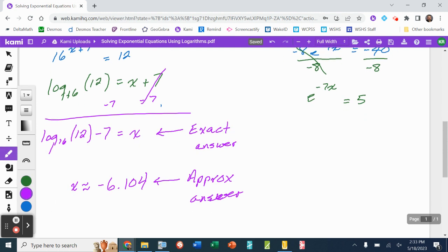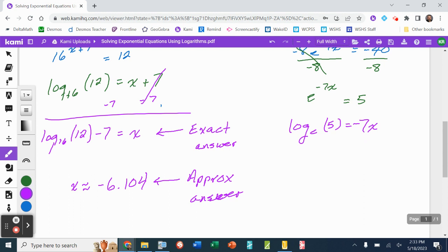Now it comes down to rewriting this thing as a logarithm, and then I'm going to solve for x. Whenever we have a base of e, I could write it a couple of different ways. I could write it as log base e of 5 is equal to -7x, because remember the logarithm is equal to the exponent.